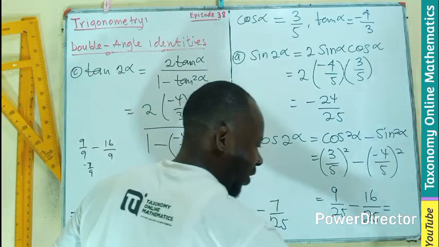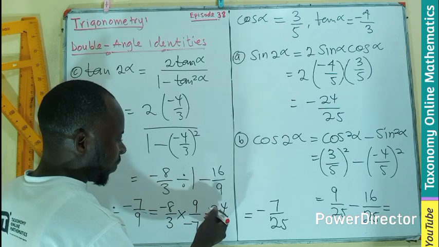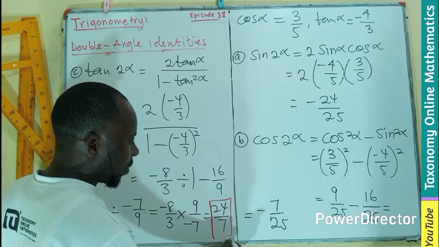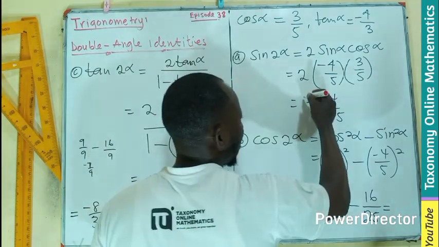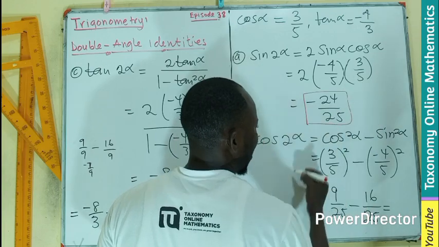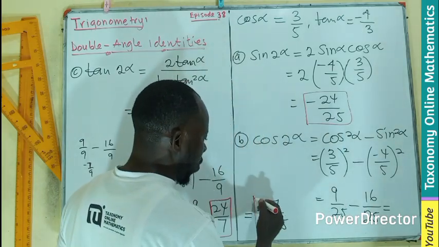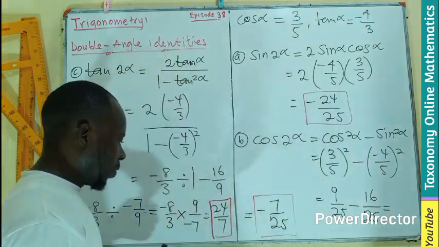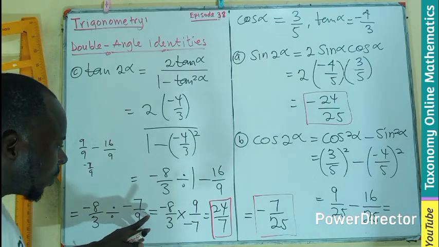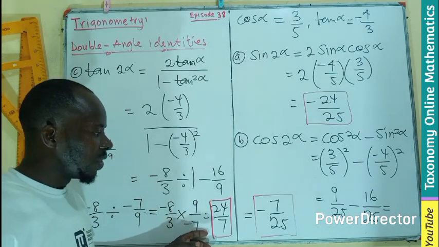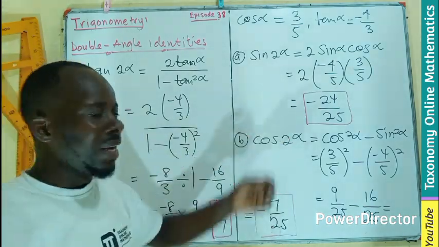So to distinguish that from the rest, this will be the answer we have for the tan, and this will be the answer we have for the sine and that of the cos. So you can see, the negative will cancel. So positive here, negative here, and negative there.